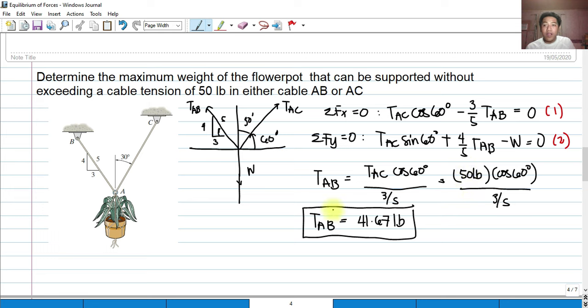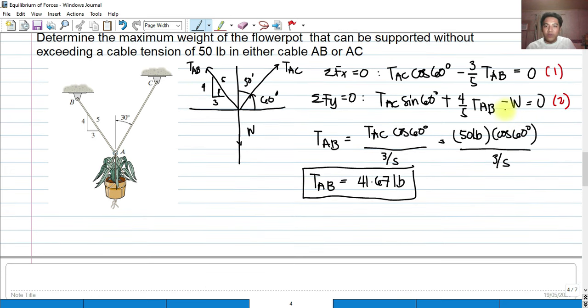Again, we're going to solve for the weight. It's very simple. From our second equation, if I transpose this to the right side, it would be W equals T sub AC sine 60 degrees plus 4 over 5 T sub AB.